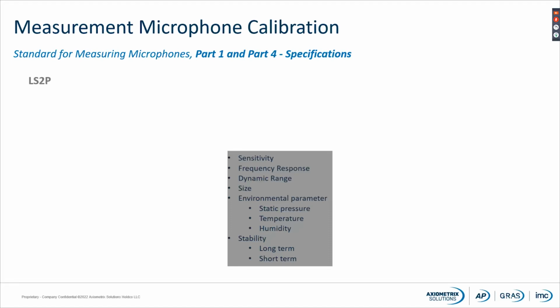P for pressure microphone. In the standards, both part 1 and part 4, there are a lot of different parameters the microphones have to fulfill. Parameters like sensitivity, frequency response, dynamic range, size, environmental parameters, static pressure, temperature, humidity, and stability, both long-term and short-term stability.